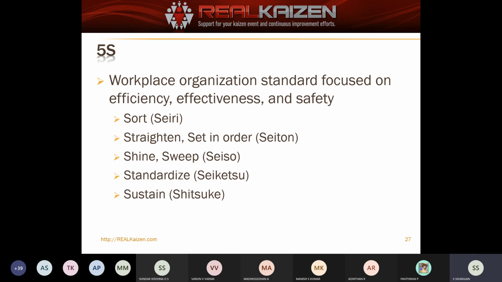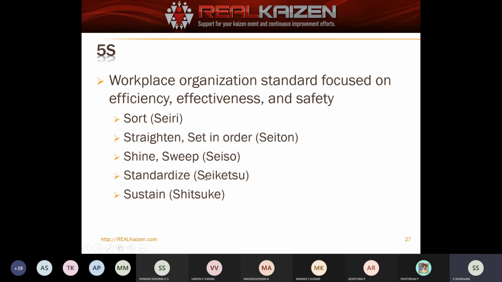In every industry, you must do the correct thing, then only efficiency comes. If you are doing something which is not very useful at 100% efficiency, there is no use. That is called effectiveness, doing the right thing. And efficiency means doing the thing in an efficient manner, 100% input to output.